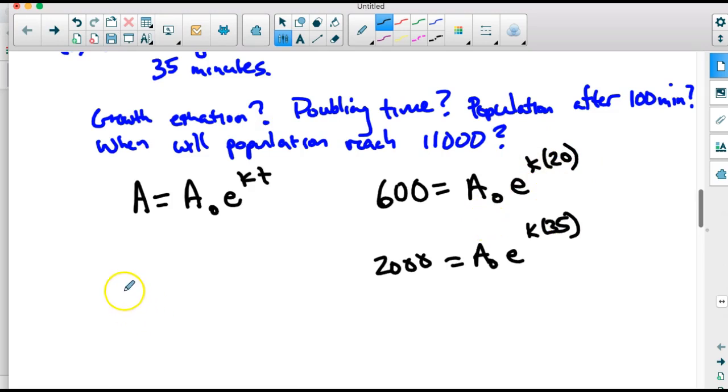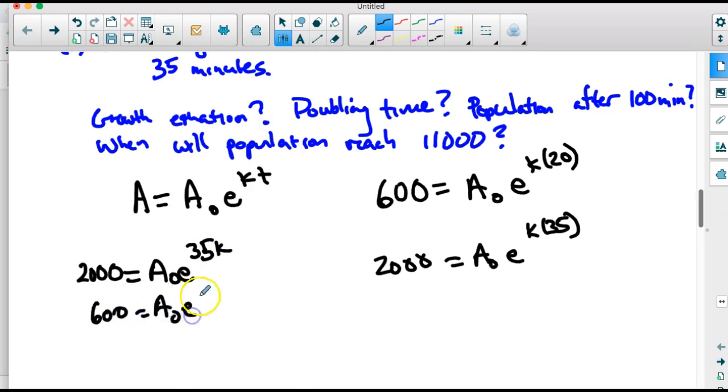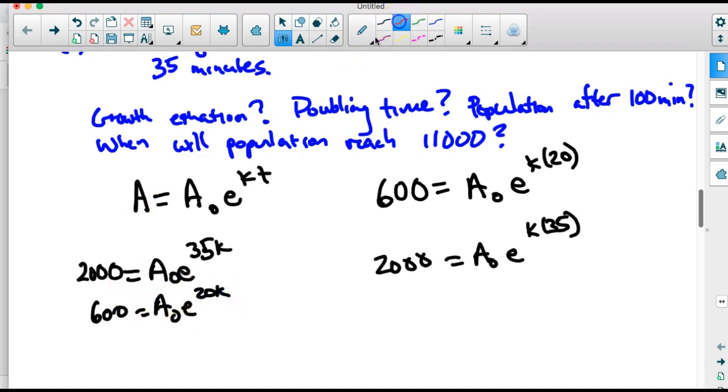So if we take the larger value and write it as 35k here, and the smaller value, write it as 20k, and we divide these two, we're still going to have an equal equation, because when we divide 2,000 by 600, we're going to get the same value on this side as we would on this side.